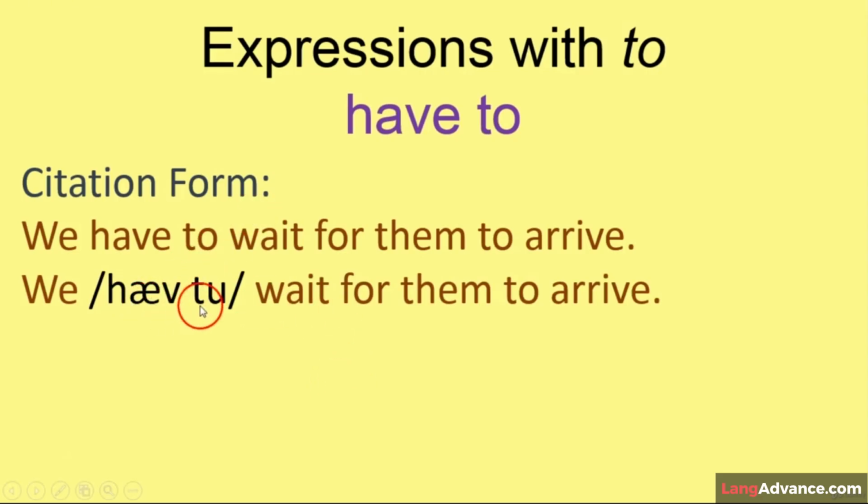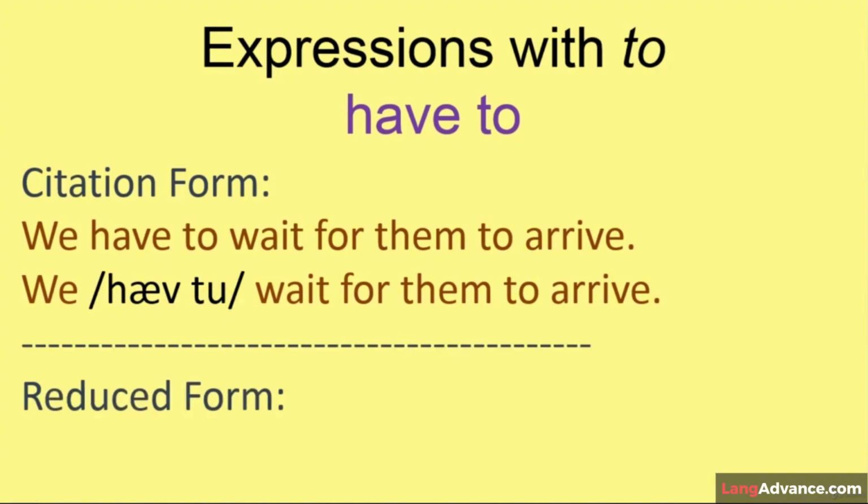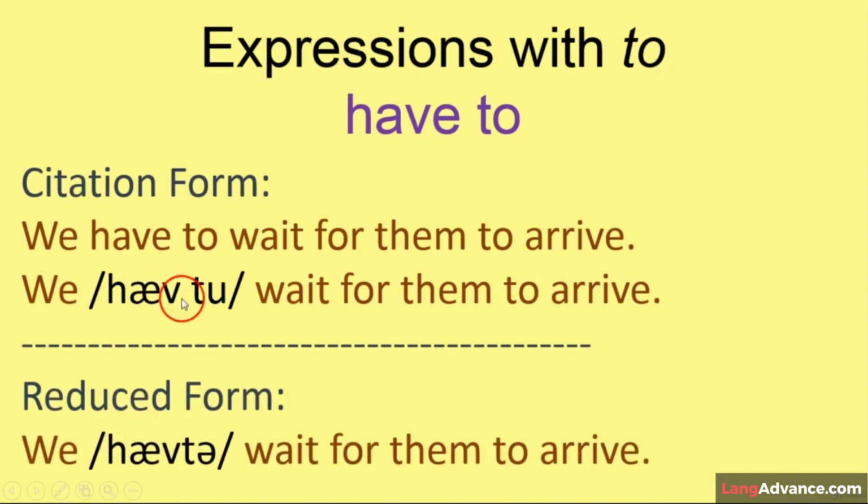In IPA format, have looks like this, and the word to. Have to. But in reduced form, we don't say have to. Instead, the oo in to becomes a schwa, and together we say have to, have to.